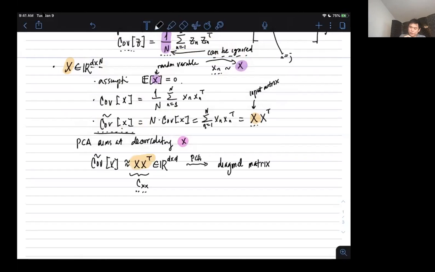So data might be distributed far along one axis, far along another axis. And then this CXX, of course, shows up here. Not because it's talking about how the data is distributed, but because how the data is distributed is measured using this covariance. What it means is that the data is distributed along a certain dimension a lot if they move together.